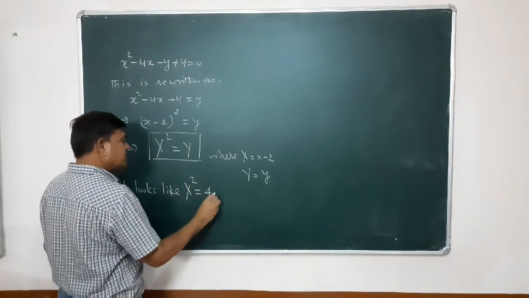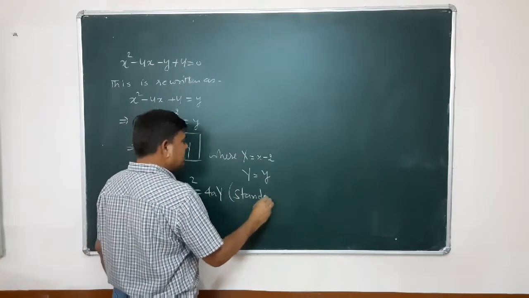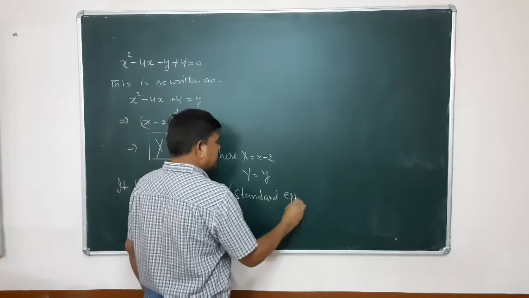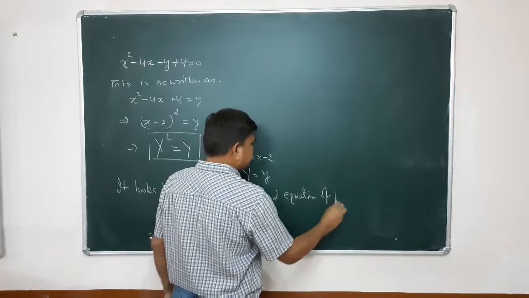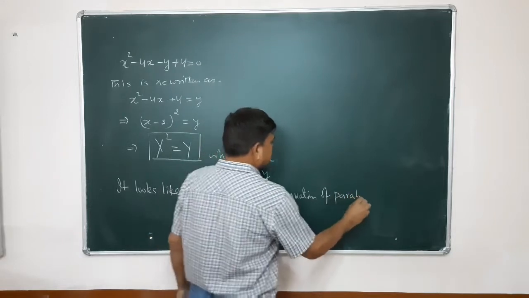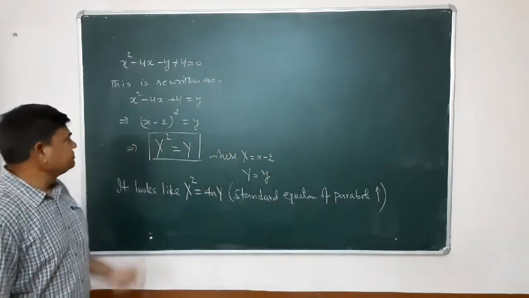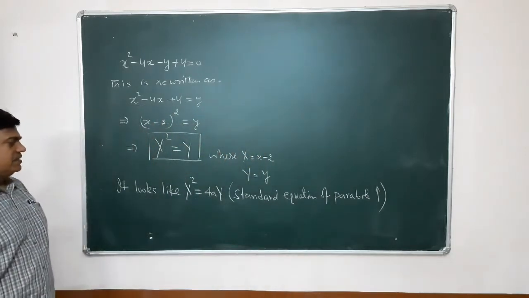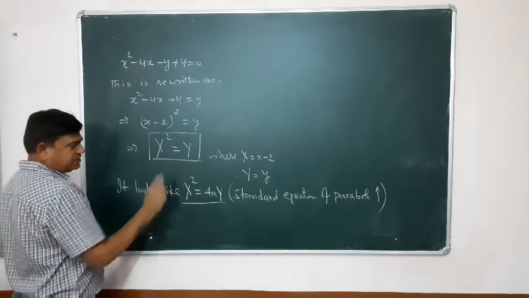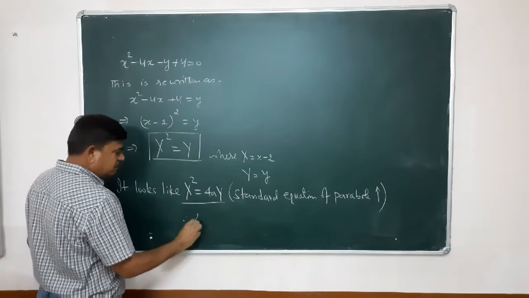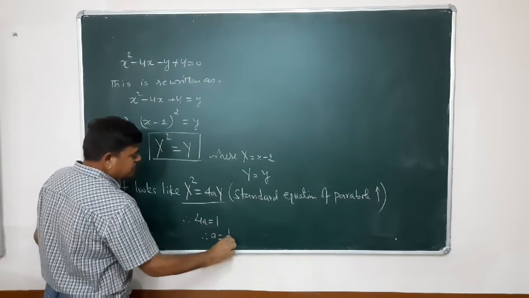x square equals to 4ay, which is the standard equation of a parabola. Opening of course is this. So if we compare this equation with this, then we find 4a equals 1, so a equals 1.